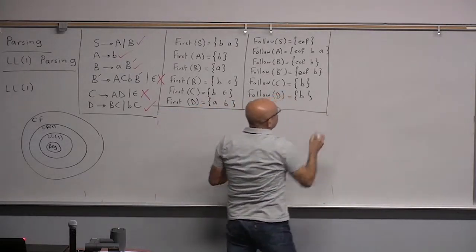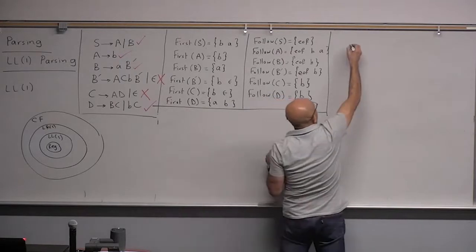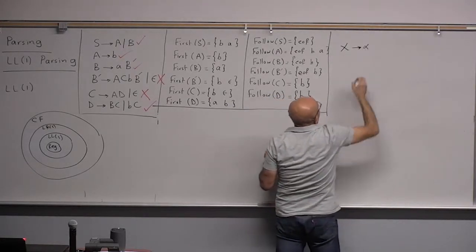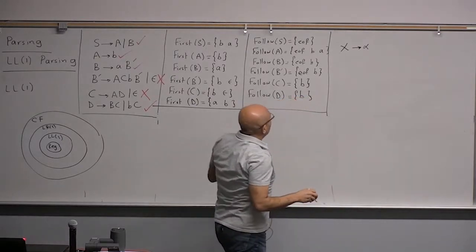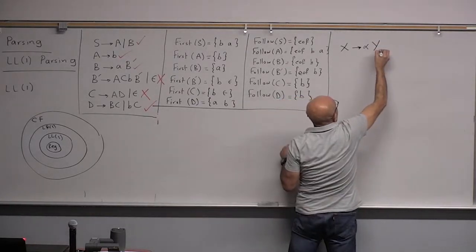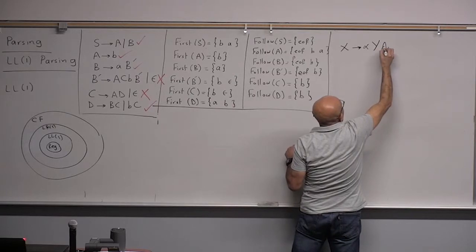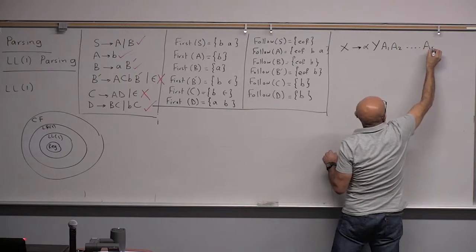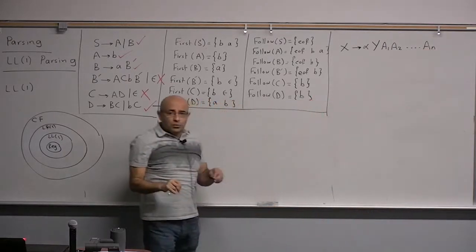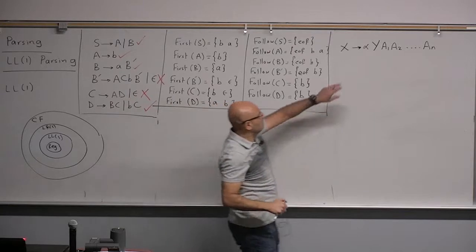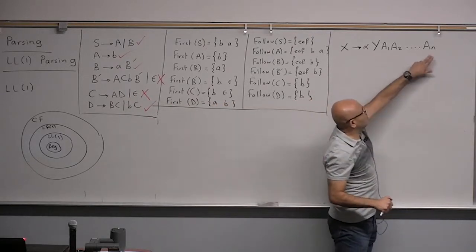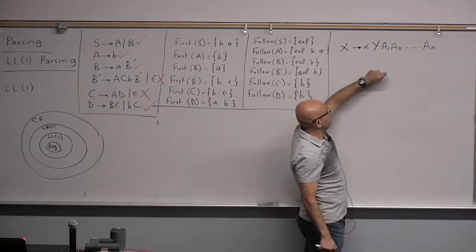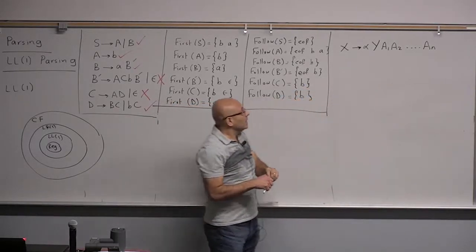So for computing the follow set, we looked at a production of the form X is alpha, Y, A1, A2, through An. To compute the follow set for Y, we have to look at A1, A2 through An. We start from Y, and we look at A1.